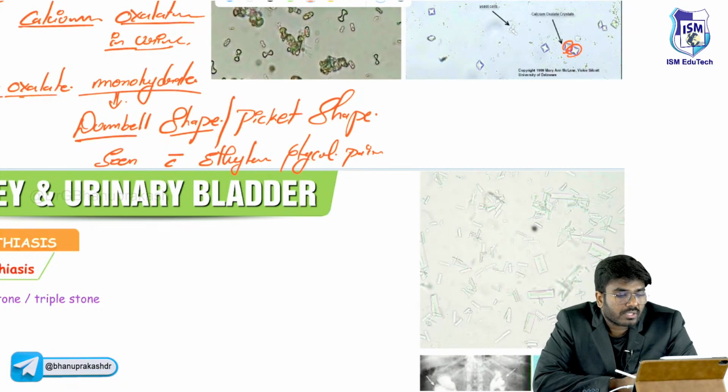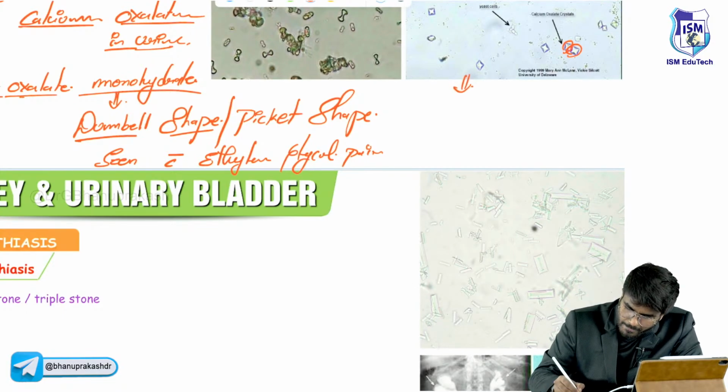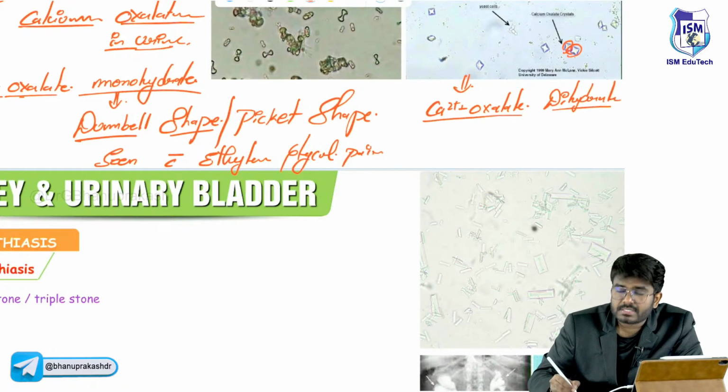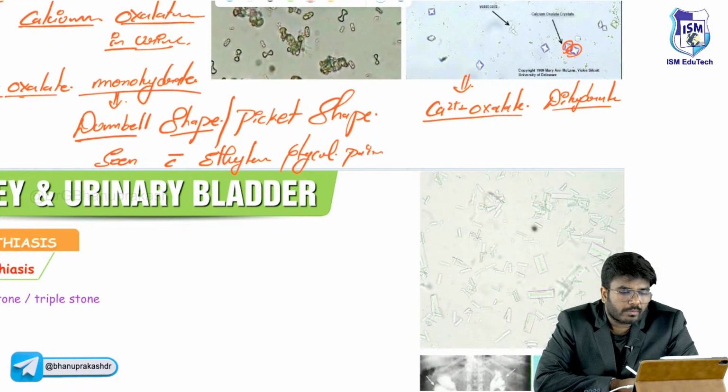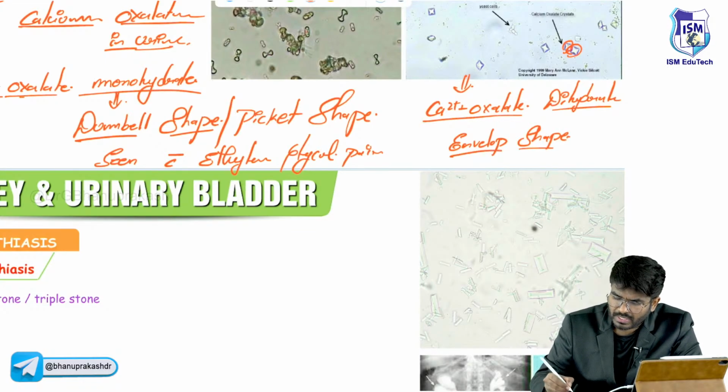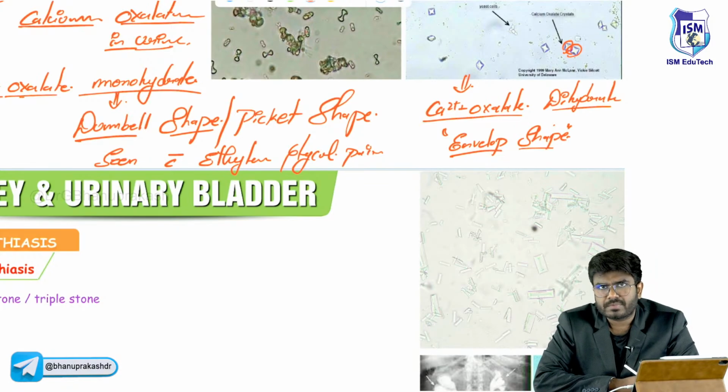These are calcium oxalate dihydrate crystals. Okay, so they are going to be envelope in shape. Some books mention a bipyramidal shape. Okay, envelope shape, bipyramidal shape.